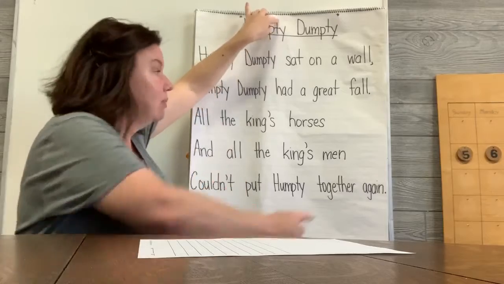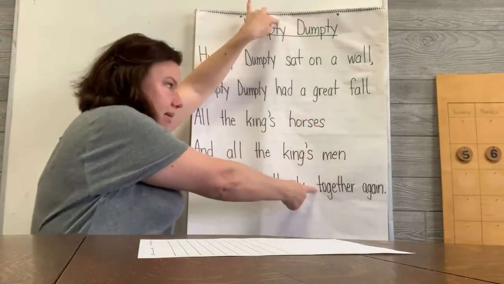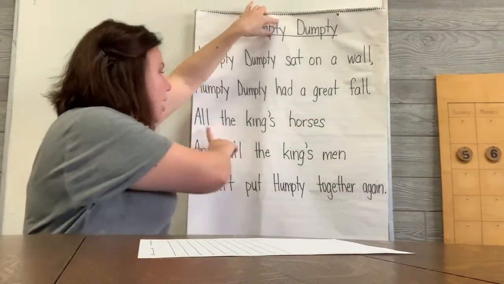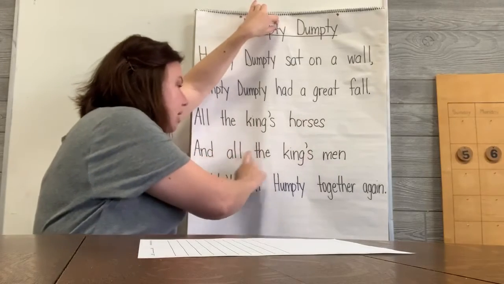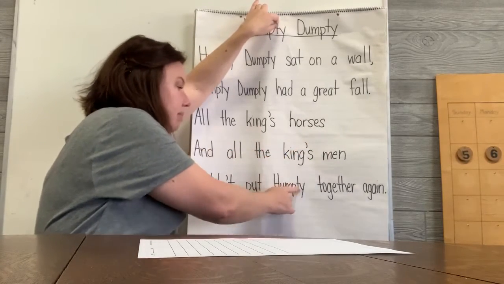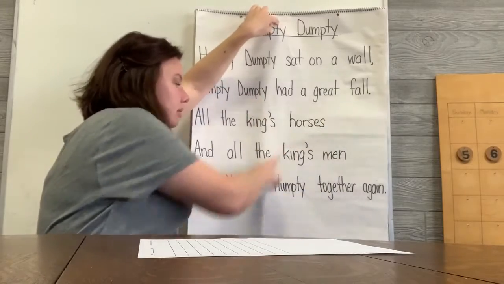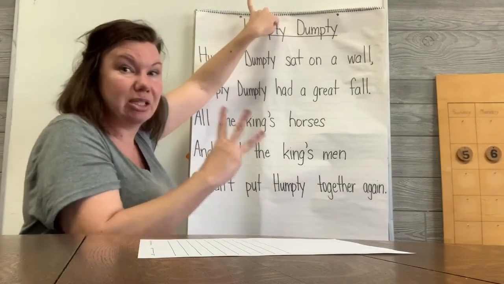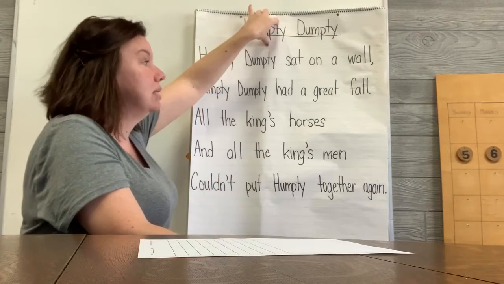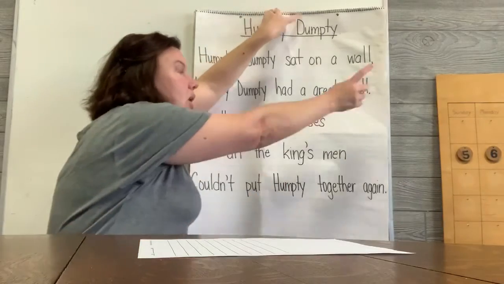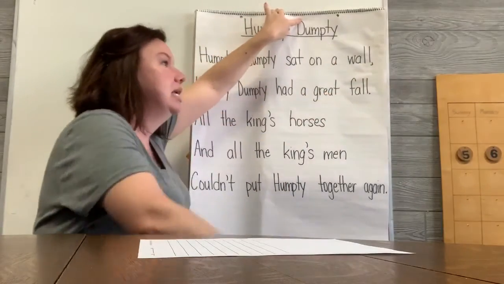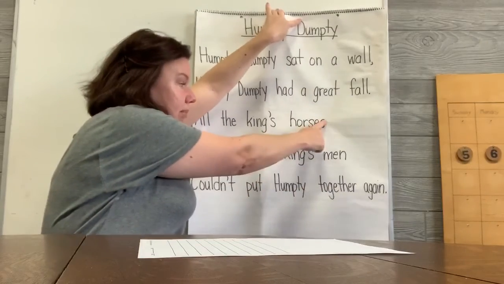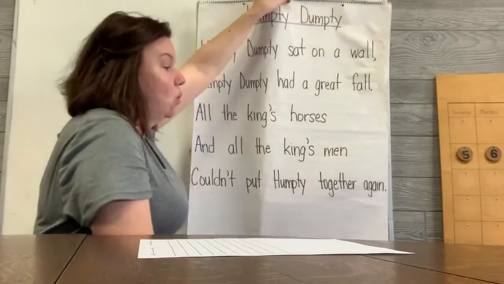What you're going to rewrite is the last 3. So instead of writing all the king's horses and all the king's men couldn't put Humpty together again, you're going to make up your own last 3 lines. But they're going to follow this pattern. So you're already going to have wall and fall. This line is not going to rhyme. Your last 2 lines will.